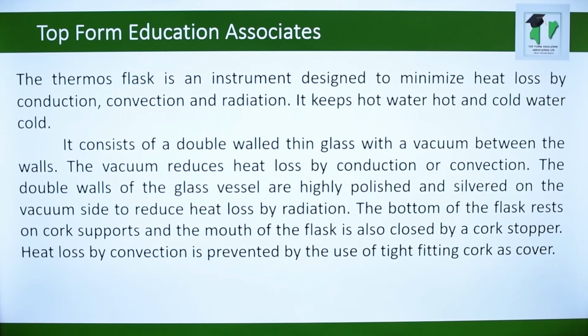So heat is not lost through this thermos flask by convection as you cover the flask with a tight-fitting cork. So these are the different ways by which this thermos flask prevents heat loss by conduction, convection, and radiation.